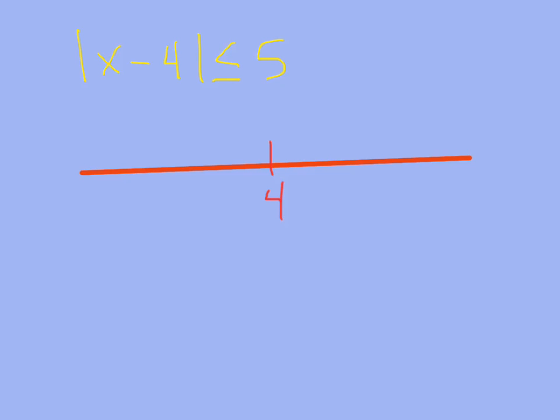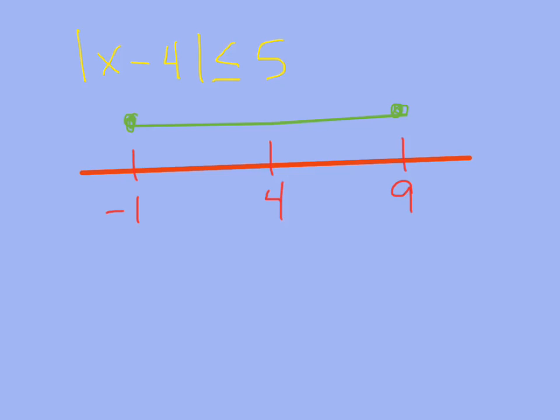So 5 away would give me 9 on the right-hand side and negative 1 on the left-hand side. That is a less than or equal to inequality symbol in the equation. So since it has the equal to, we're going to put dots on top of our negative 1 and 9, and then we're going to draw those values that are between negative 1 and 9.